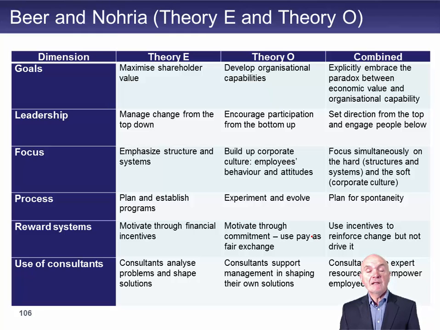And what the combined approach does is recognize that these are kind of pulling against each other a little bit. There will be an imperative, certainly, to stem losses, to turn a loss into a profit. And maybe some sort of rather harsh emergency action is needed for that. But there's not much point in changing a loss into a profit if the profit then can't be sustained in the longer term by developing the organizational capabilities.